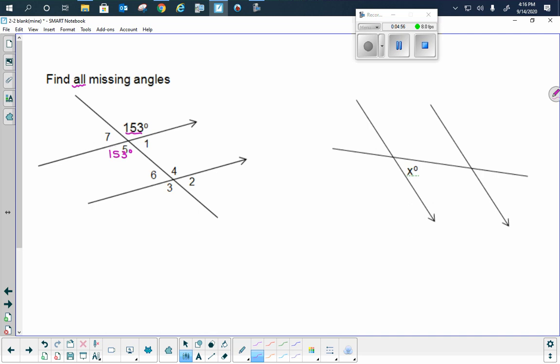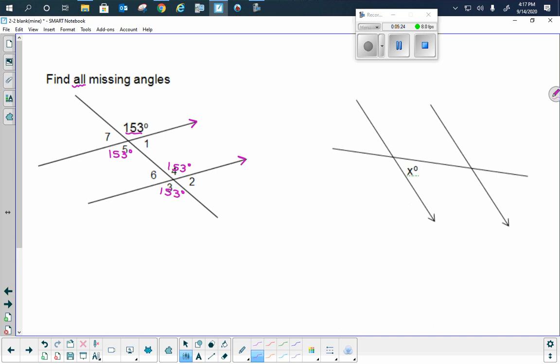Since angle 5 and 4 are alternate interior, this would also be 153 degrees. And why are these equal? Remember, those arrows mean that those are parallel. They do have to be parallel for those to be equal to each other. Again, 3 and 4, where they are vertical, so I know this one is 153 degrees.